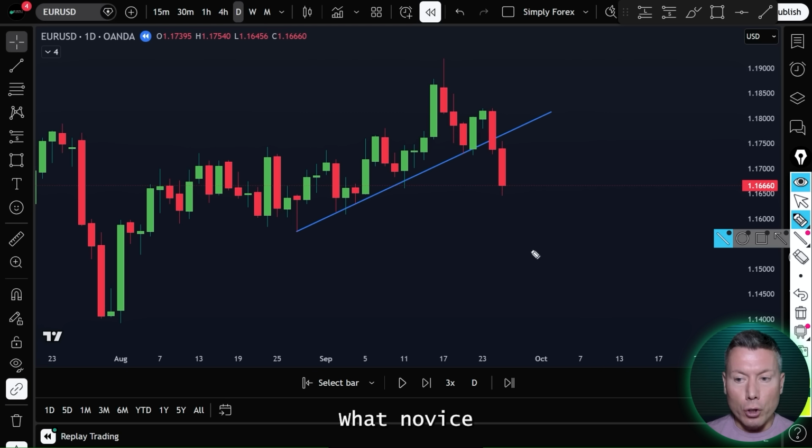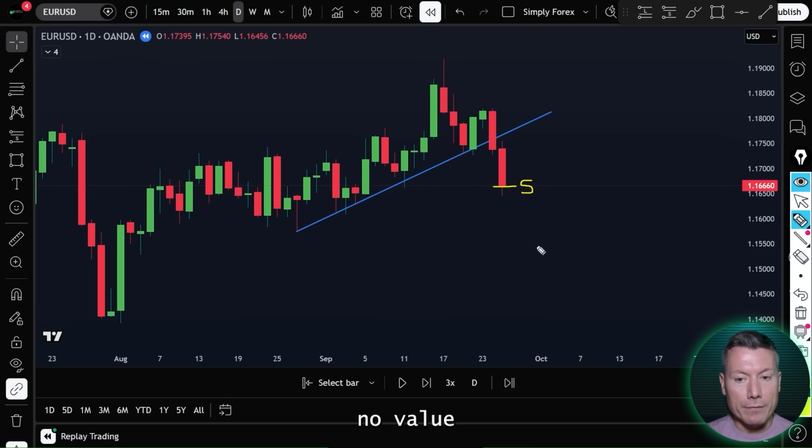Now, what novice traders, or new traders, do is they see price breaking down, they see this big bearish candle, and they are like, I am going to sell this bad boy. So they start selling here. And this is exactly what you shouldn't do, because selling there represents no value, right?